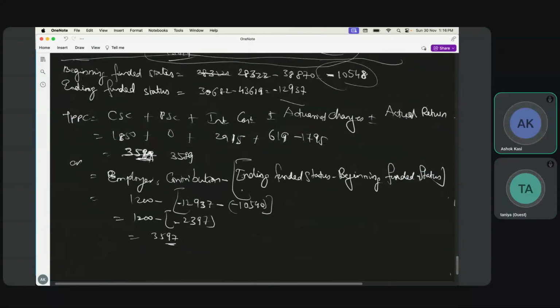So the beginning funded status is wrong. Calculate again. It's 2389. Now 1200 plus 2389 is 3589.